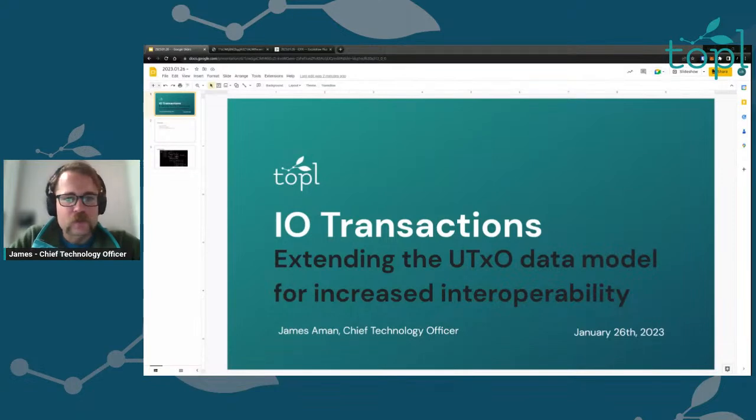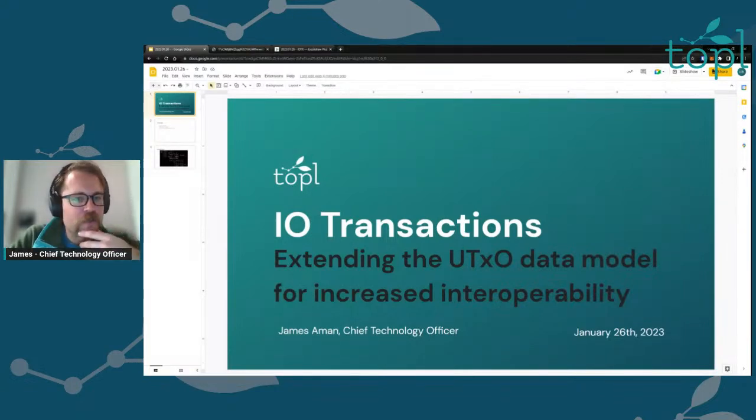Alrighty, so as I said, we're going to be specifically exploring the IO transaction model today. And this is specifically an idea of extending the UTXO data model with an eye towards cross-chain interoperability. Hopefully I can convince you all that this IO transaction idea is a very minimal set of assumptions at the highest layer.